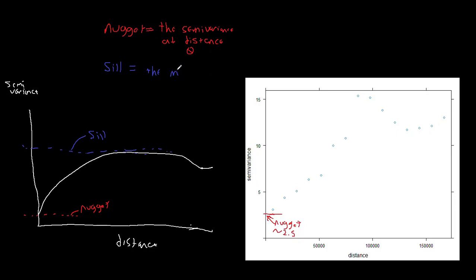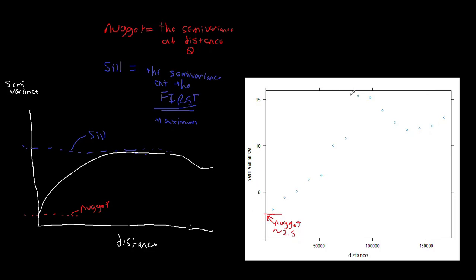It's the first maximum. The semivariance at the first maximum. So this is the sill.